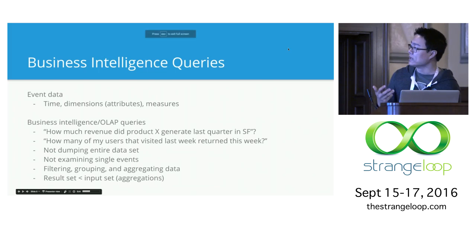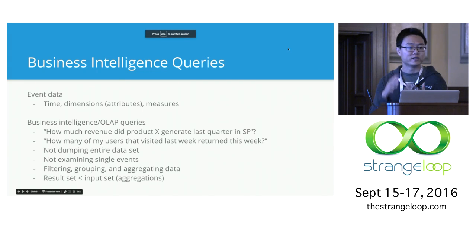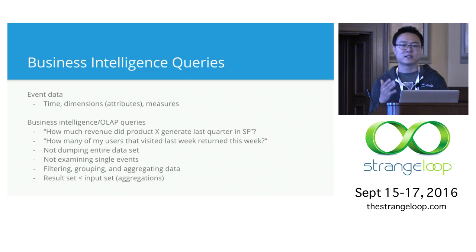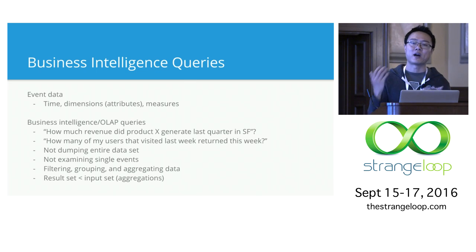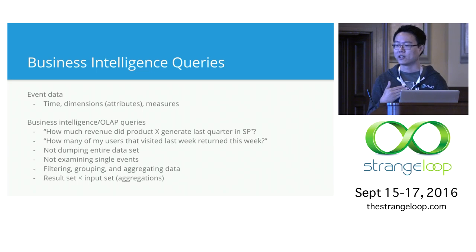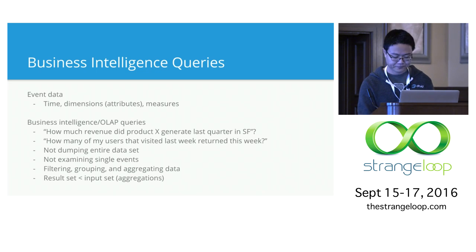In the types of queries that we do, your ultimate result set is typically much smaller than your input set. So Druid is not like a data processing system where your result set might be the same size as your total data set. Druid is very much like a query layer, a serving layer, something that's designed to condense the amount of data that you ultimately display or get insights from.